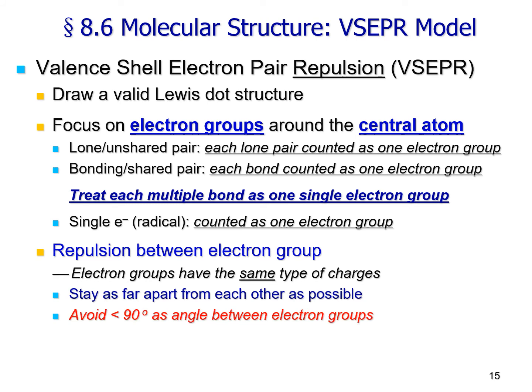As I said, the keyword for VSEPR is repulsion. Since we talk about electron groups, all restrained on the central atom, and they have the same type of charge, because of repulsion, they're going to stay as far apart from each other as possible.